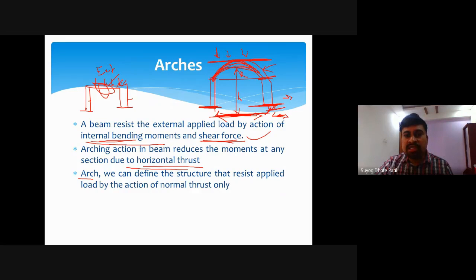This is fixed at this support, this is fixed at this support, and whatever load is coming tries to push this arch in the downward direction. Meanwhile, this support will try to push the arch in the vertical direction, applying a reaction at this joint, meaning the whole assembly will be under compression.